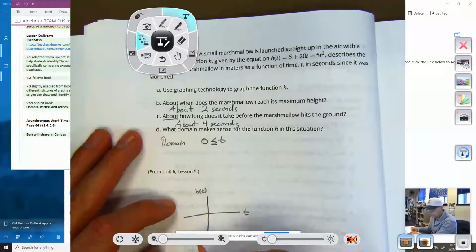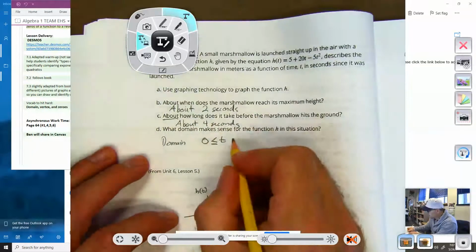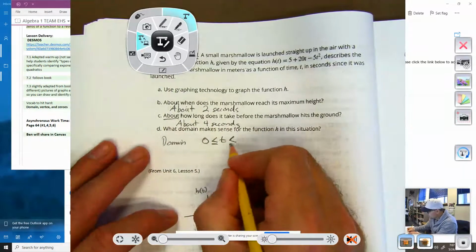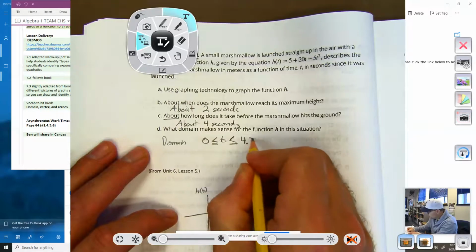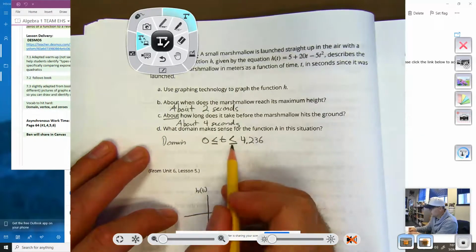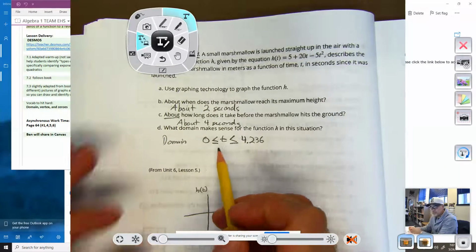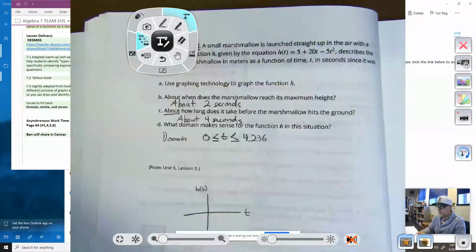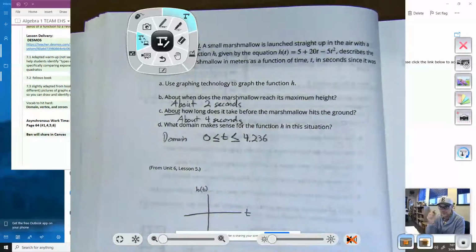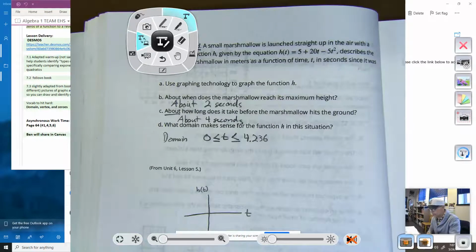That's how our graph looked, and we landed at 4.236. Now, if you just said 4, that's fine too, because it's approximate, right? But what you need to do is click on that little spot where it hits the ground, and it'll show you the actual coordinate, the point on it.